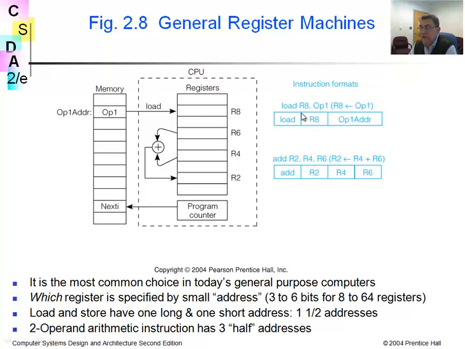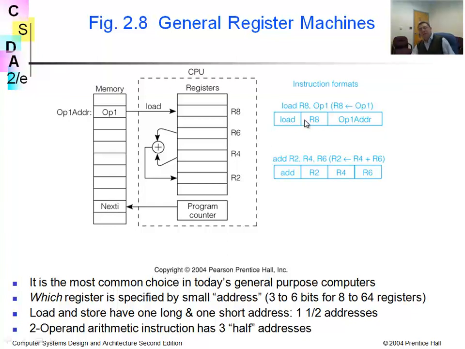And here, as you see, it says load R8, operand 1, which means basically read the content of the address in operand 1 and load it to register R8. Then it says, for example, in another format, add R2, R4, R6. What does that mean? Movement, again, is from the right to the left. It means add the content of the R6 register to the R4 register and store the result into R2.